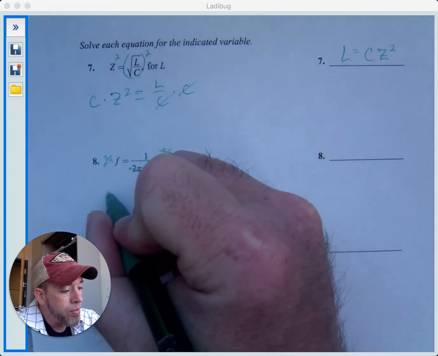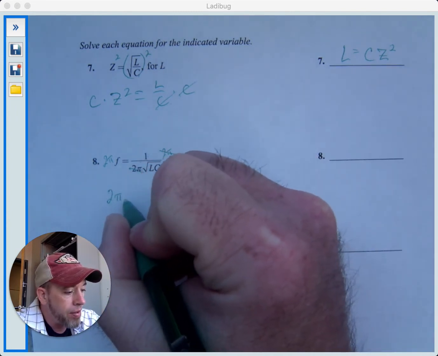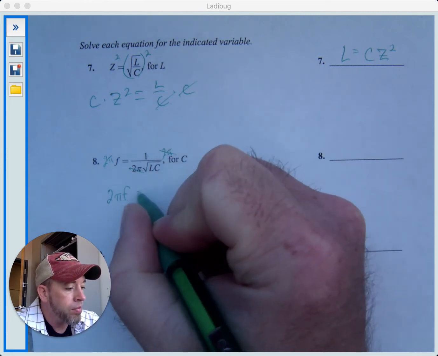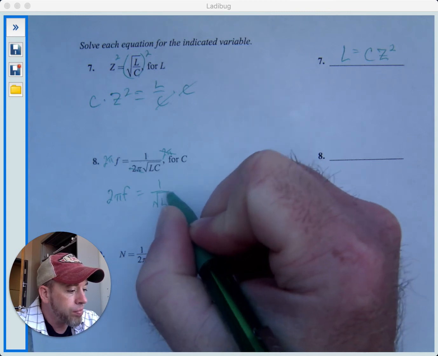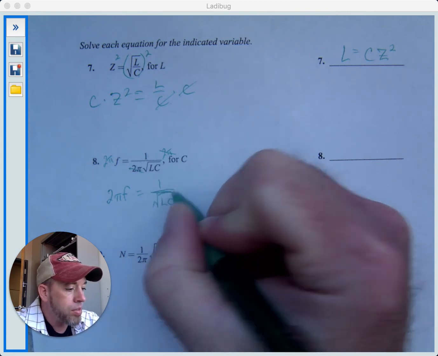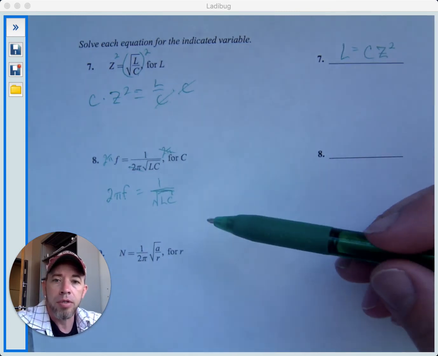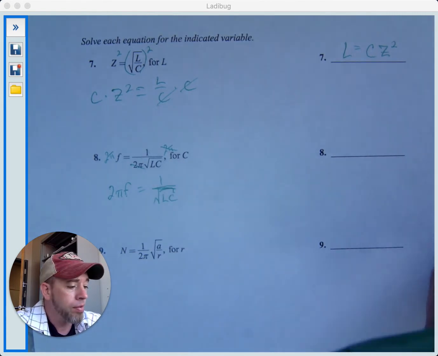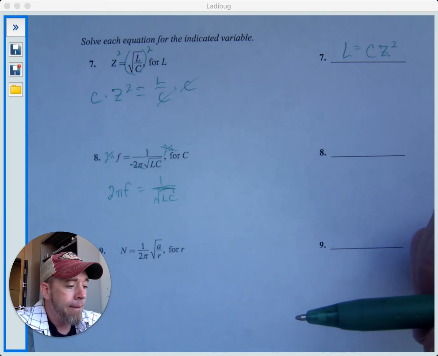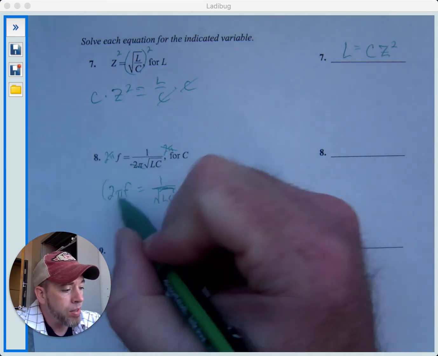So on the left, then we have 2 pi f. On the right, we have 1 over the square root of LC. Now, just like before, if we want to remove the radical, we can square both sides. Okay, so maybe we'll do that. Let's square both sides, why not?